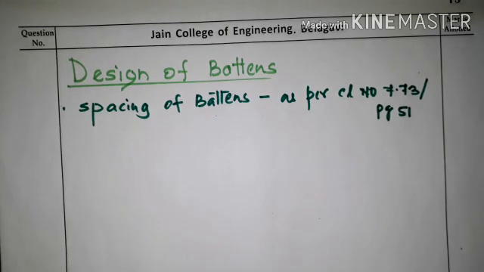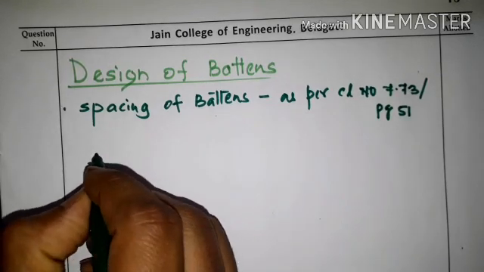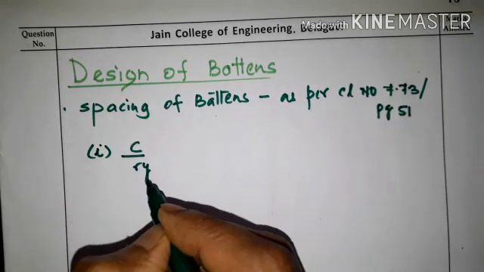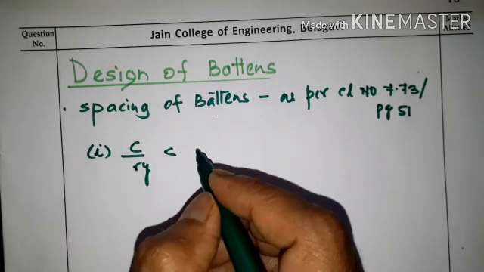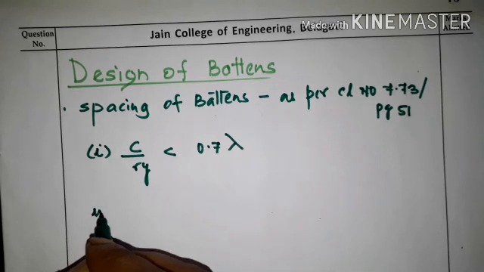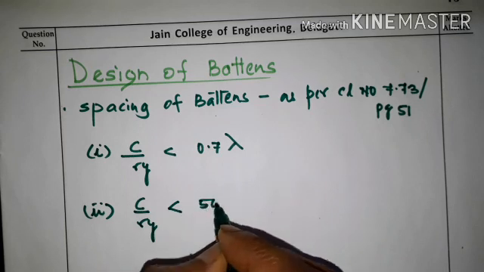The first condition is C by ry less than 0.7 times lambda, and the second one is C by ry less than 50.